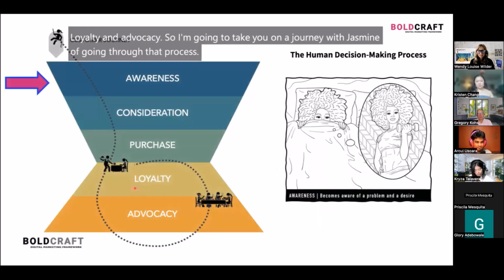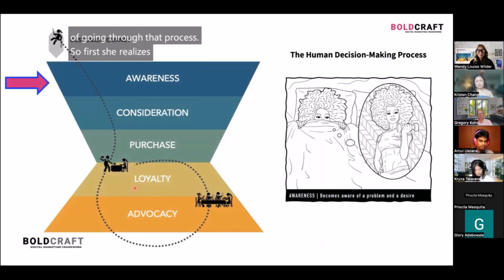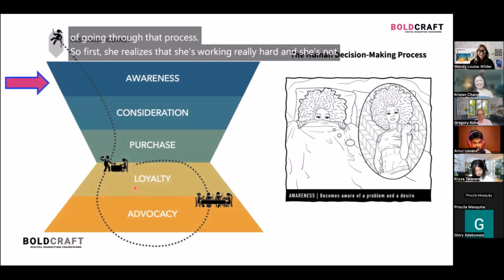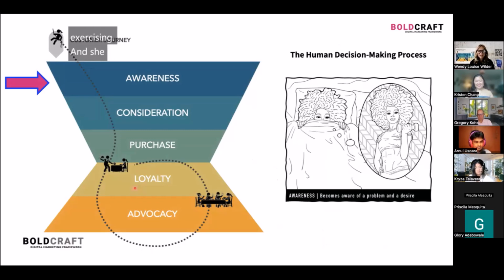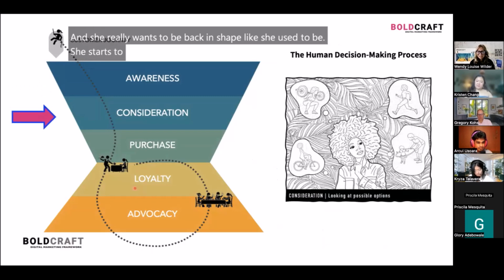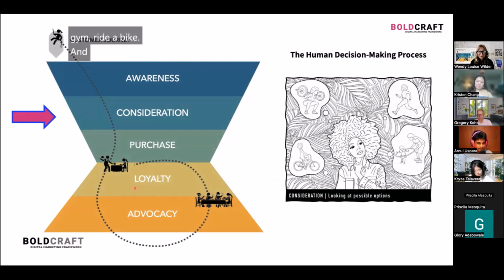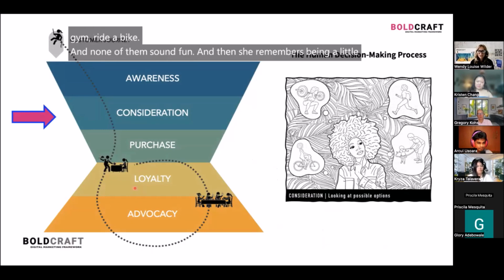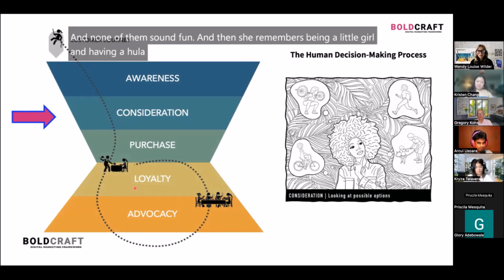So first, she realizes that she's working really hard and she's not exercising, and she really wants to be back in shape like she used to be. She starts to consider her options, like she could lift weights, go to the gym, ride a bike, and none of them sound fun. And then she remembers being a little girl and having a hula hoop and how much fun it was to play with her friends.